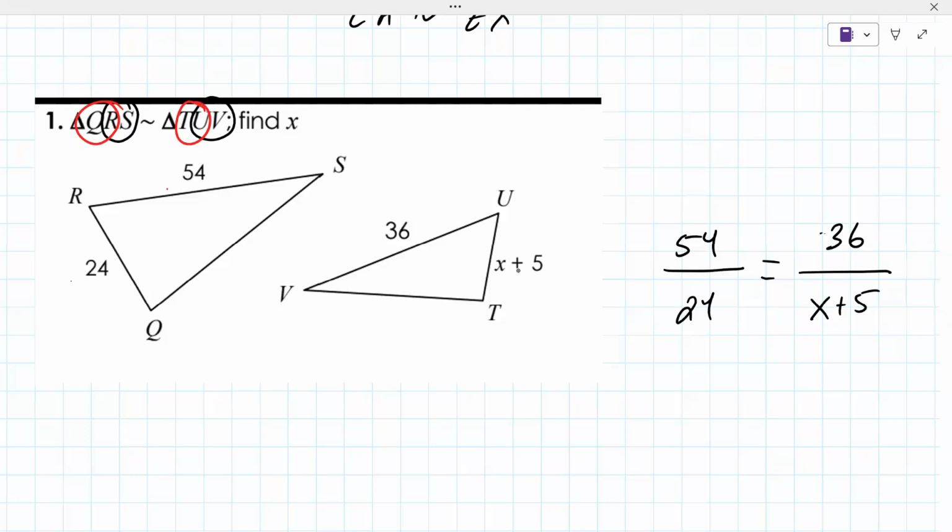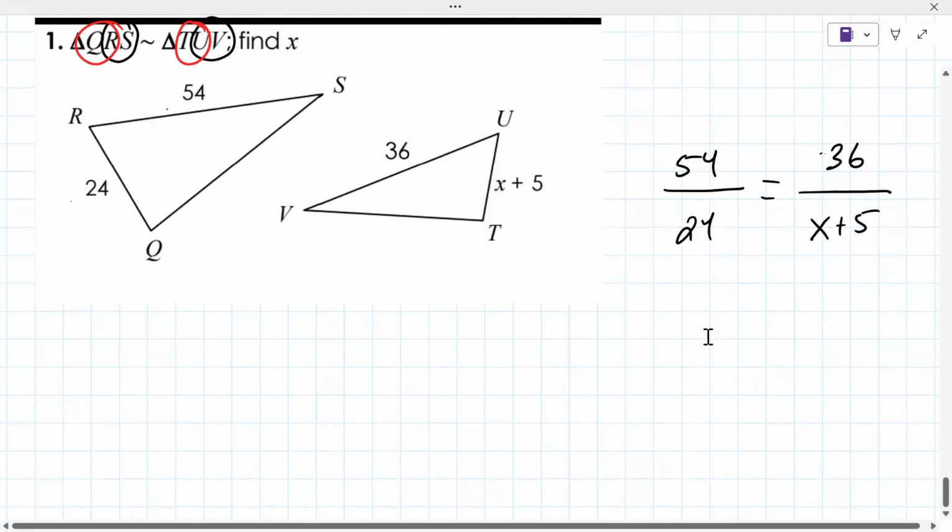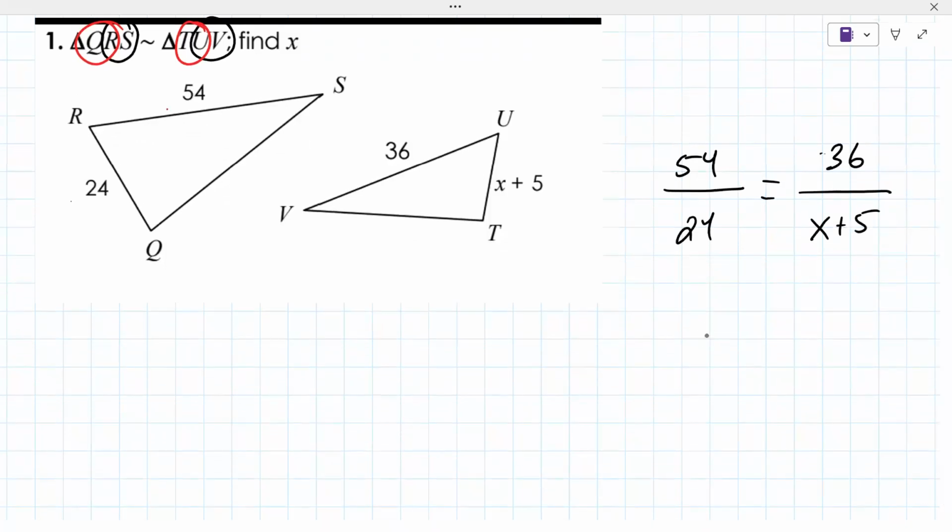Now this problem is like the ones we were doing. You have to be able to solve this proportion. You remember how to solve this from earlier today? Okay, so you can take that 54 times X plus 5 equals 24 times 36.